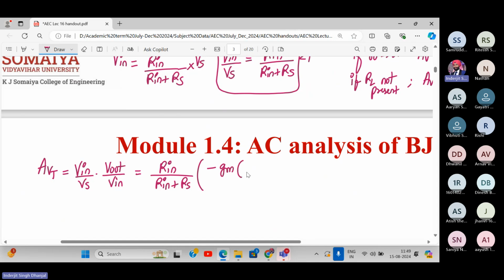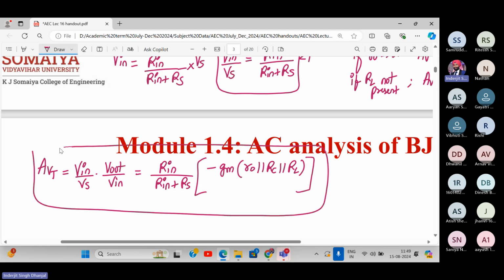Minus Gm into RO parallel to RC parallel to RL. So this is the formula for the common emitter amplifier, which we derived yesterday.